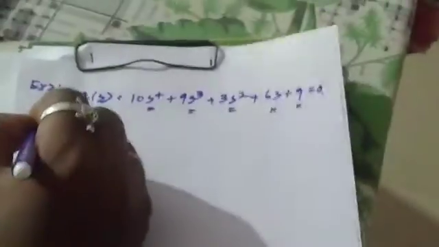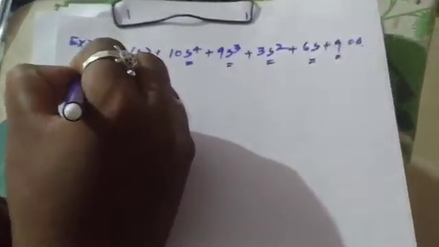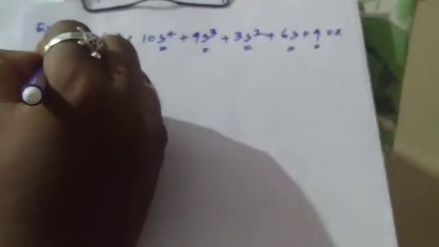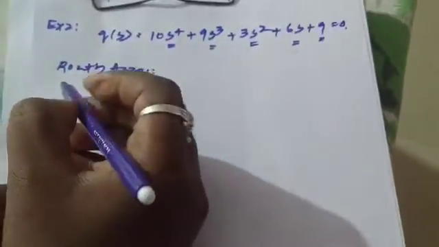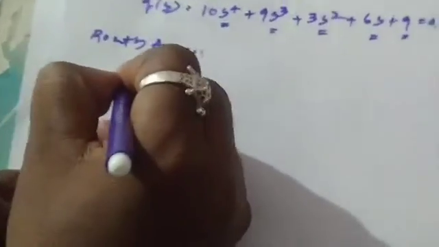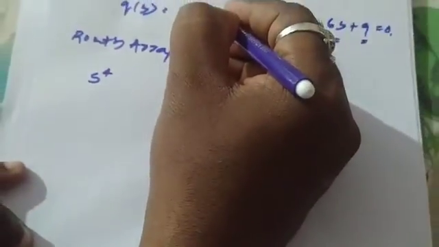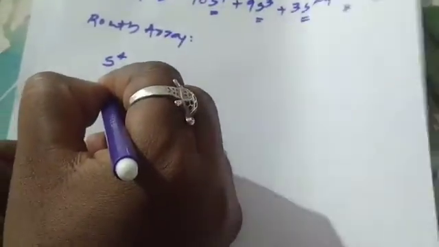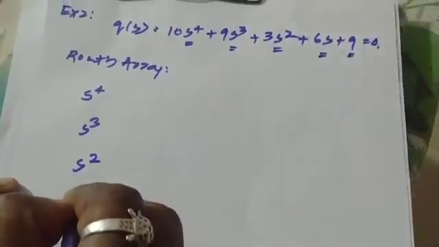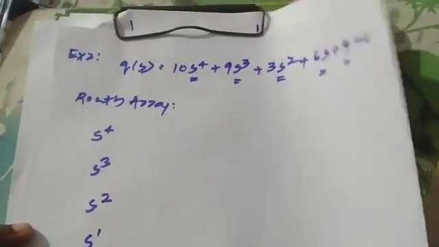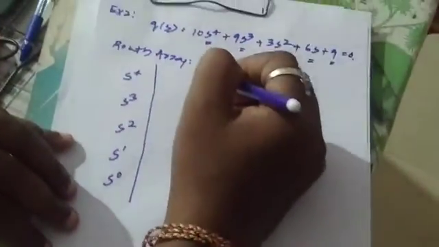So now what you have to do? You have to form the Routh array. The maximum power of S is 4, so you write S^4, S^3, S^2, S^1, S^0, and put one vertical line. Here you put a0, a1, a2, a3.